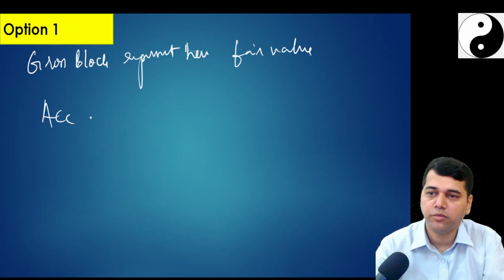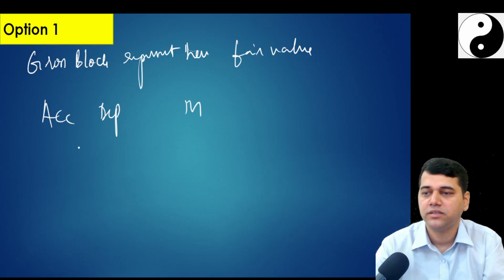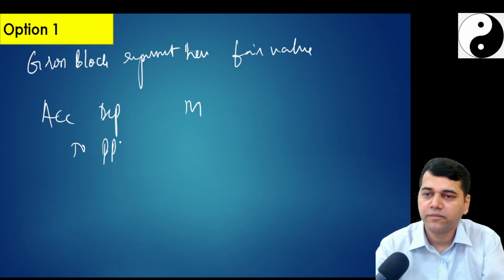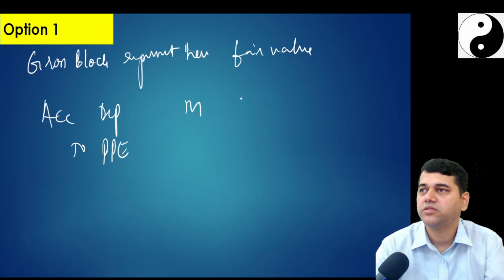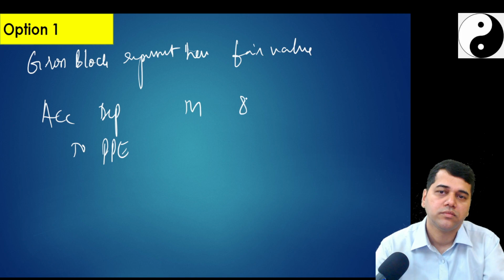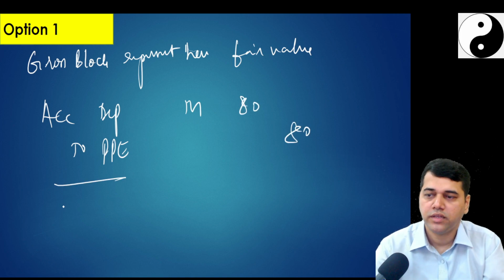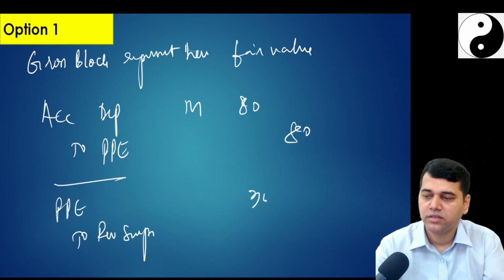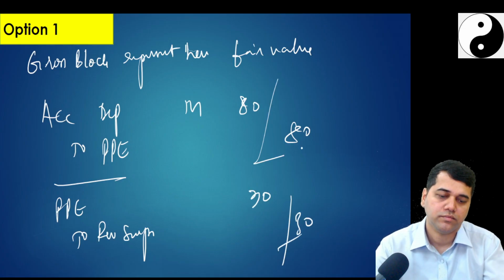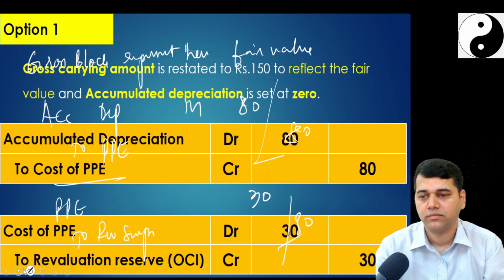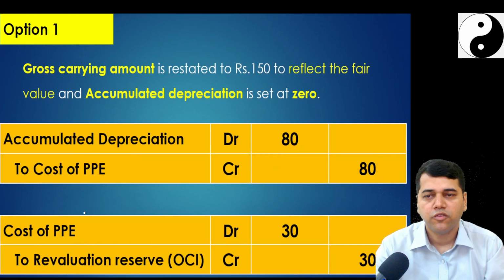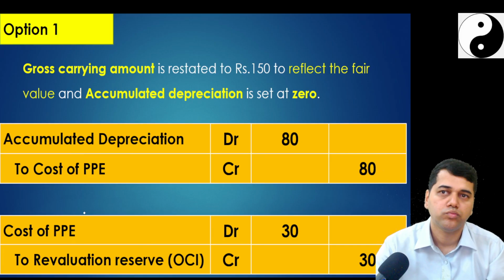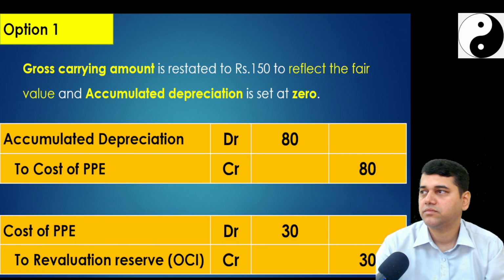So you pass accumulated depreciation account debit to PPE. How much? Then PPE to revaluation surplus 30. For me, 2 marks each.